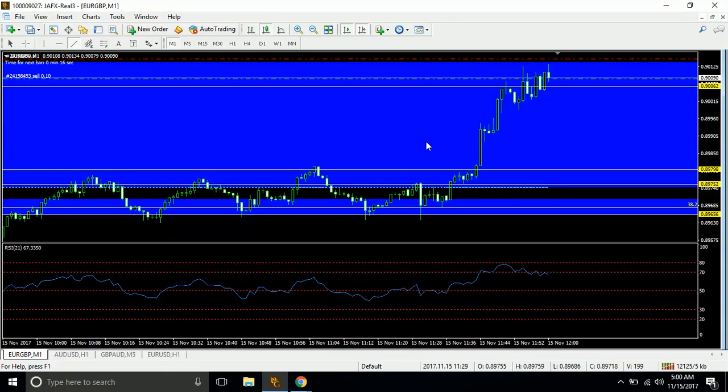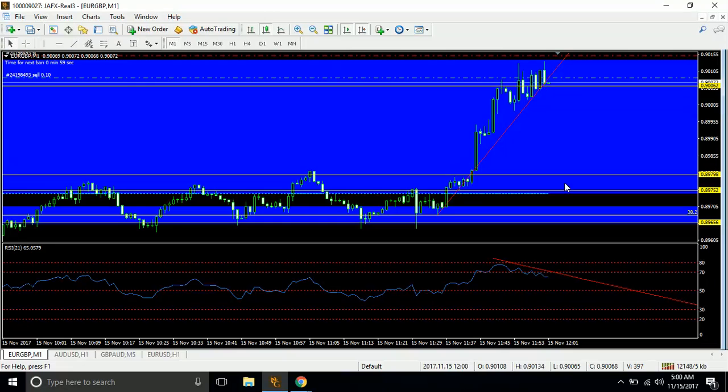Here we have an indication of divergence. We have price steadily shifting up, but we have momentum steadily declining. This is a form of divergence, also a reversal indication.